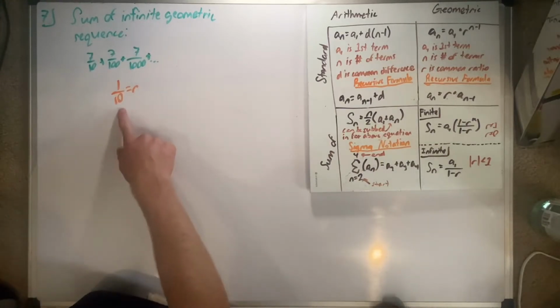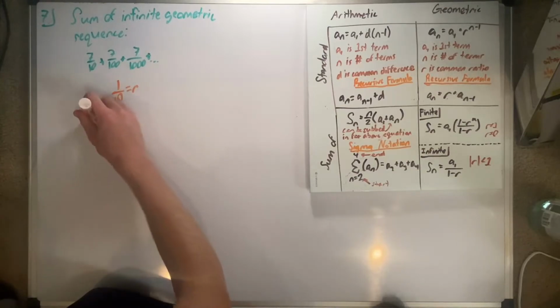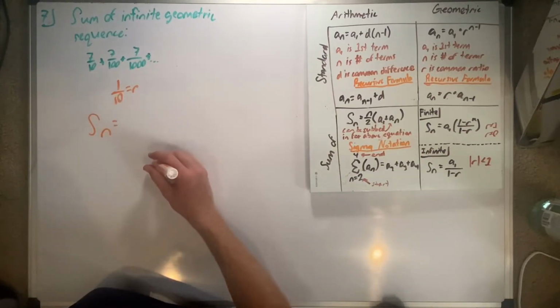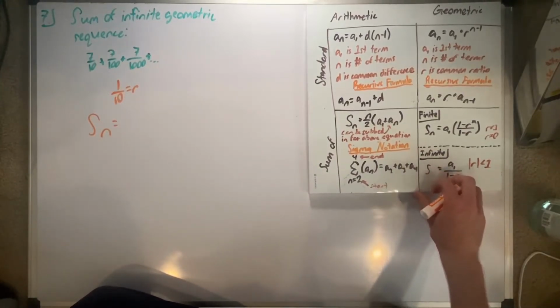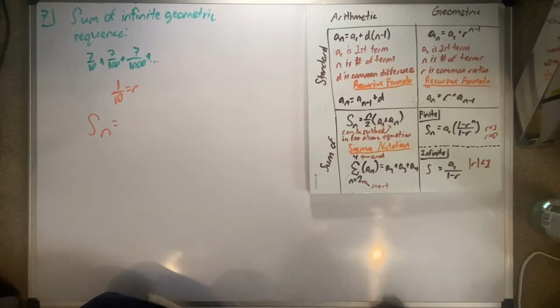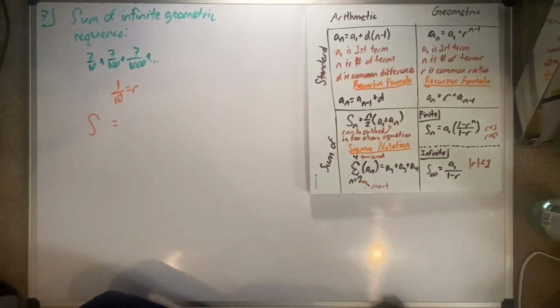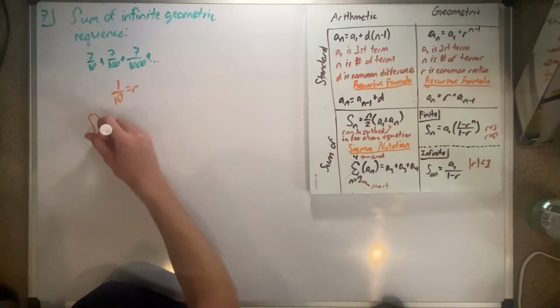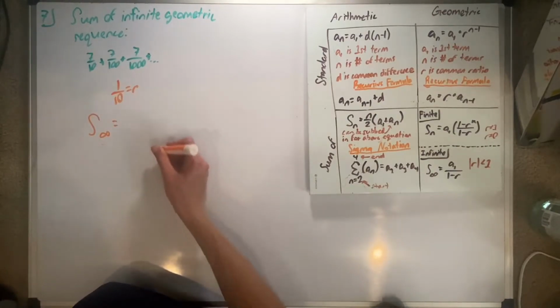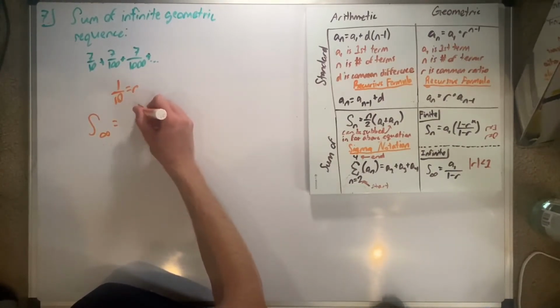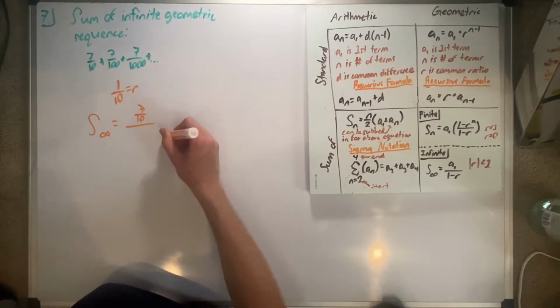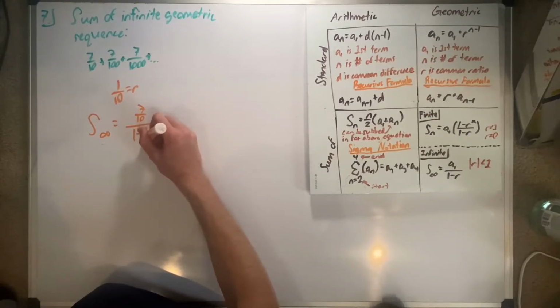So now here, this one has the difference of this being Sn is equal to, and this Sn should actually be just S infinity. So I'm going to really quickly change that here to S infinity. S infinity is equal to the first term, 7 over 10, divided by 1 minus 1 over 10.